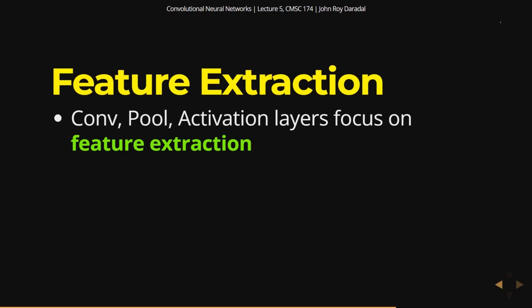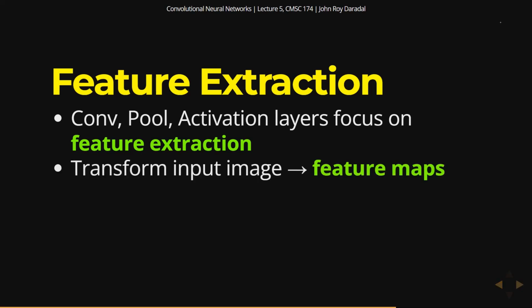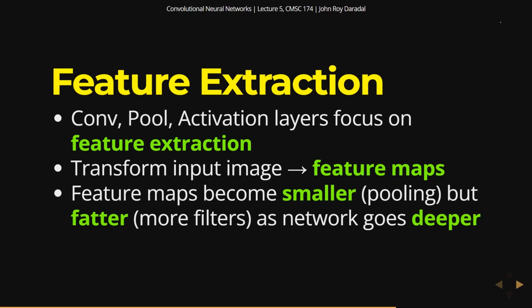So the conv layer, the pooling layer, and the activation layer focus on getting features, right? They transform the input image into feature maps, and the feature maps become smaller because we're applying pooling, but fatter, okay, as the network goes deeper.